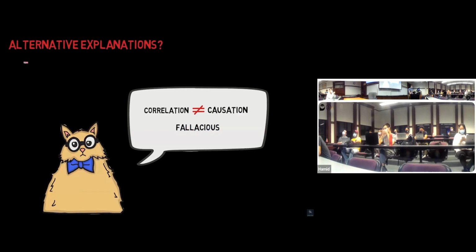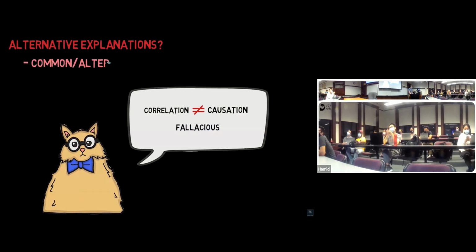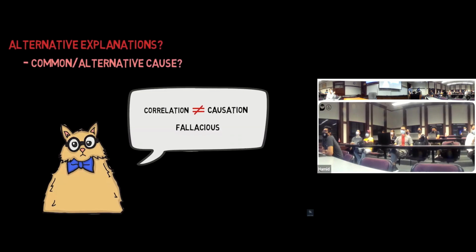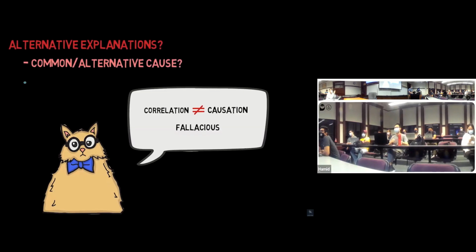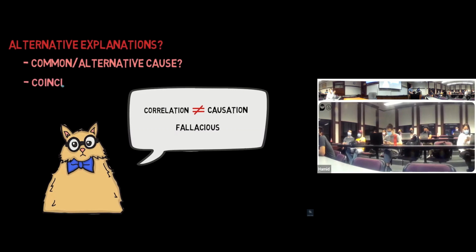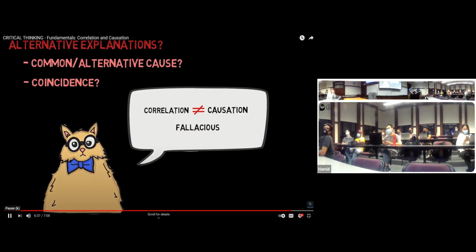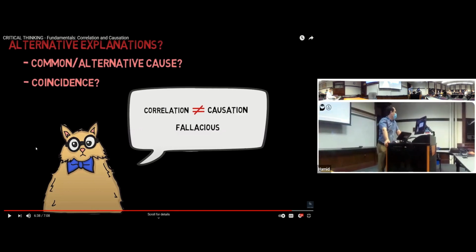It may be that there's a common cause for both of the events, or that there's some alternative cause altogether. On the other hand, the correlation might just simply be a coincidence. But this explanation and other questions will have to wait for part 2, where we will talk more about the analysis of cause. So just keep in mind how to interpret the result of your research.